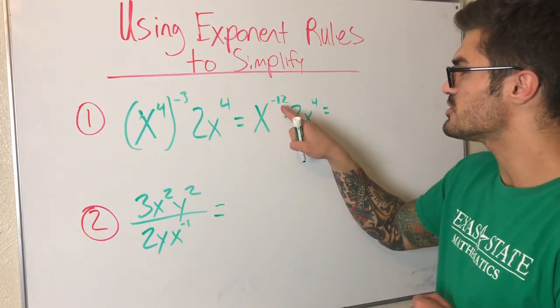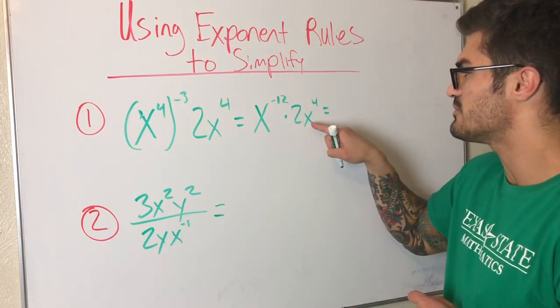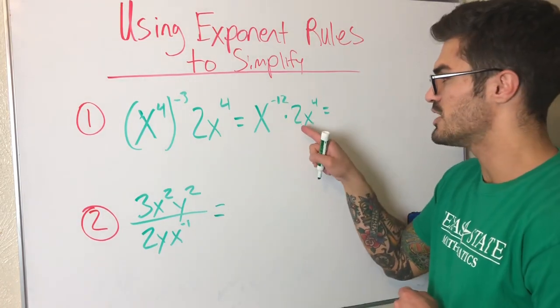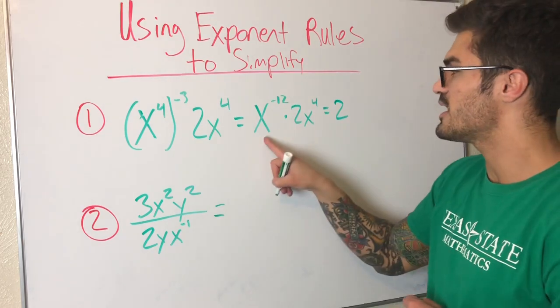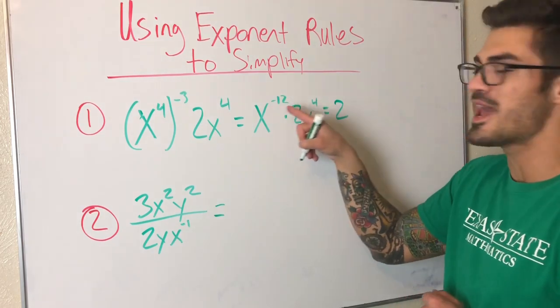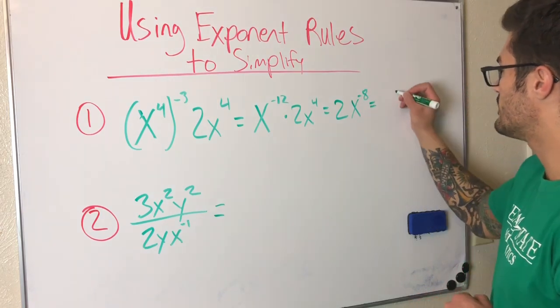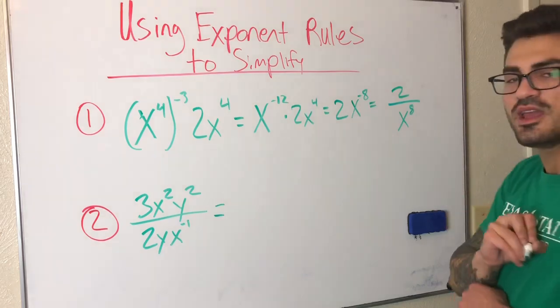What I'm going to do is add these powers because I have x to the negative 12 times x to the fourth. The order doesn't matter with multiplication, so I can move this 2 to the beginning. So I have 2 times x to the negative 12 times x to the fourth. I'm going to add the exponents. That's x to the negative 8, and that equals 2 over x to the 8th power.